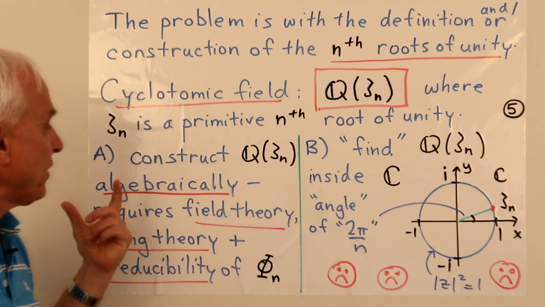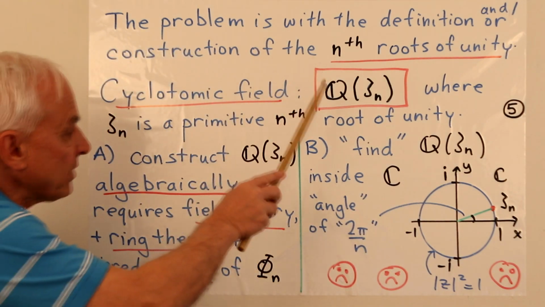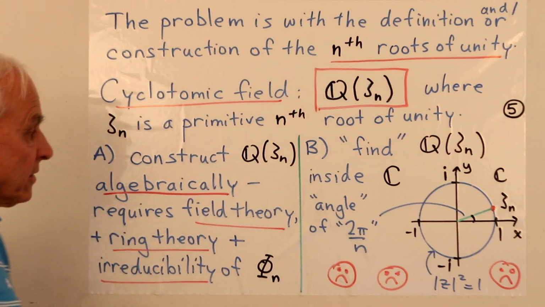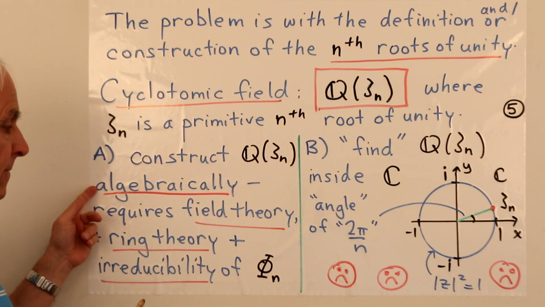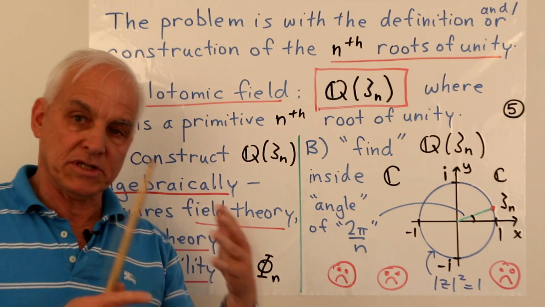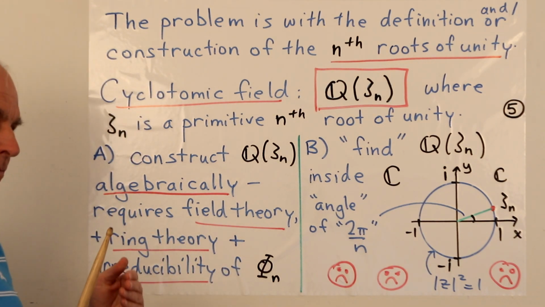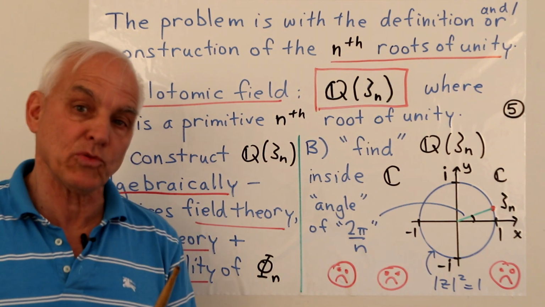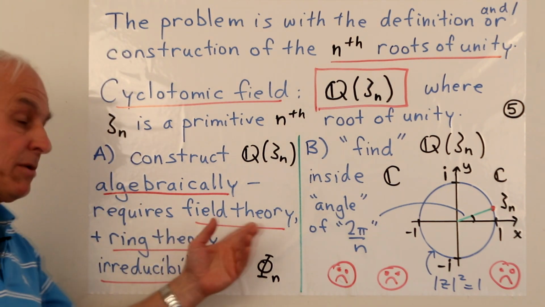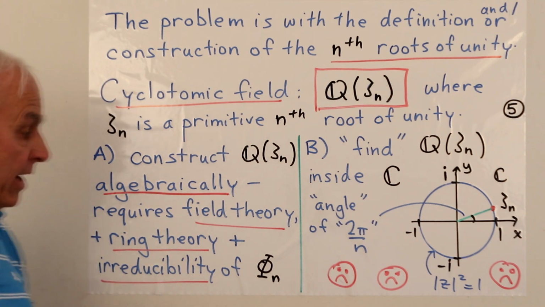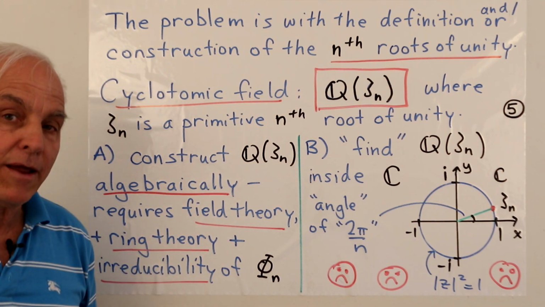Okay. So with the first approach, you can construct the cyclotomic field algebraically. Now, this is a very interesting project, and it does require some development of prior algebra. You need to establish some field theory first, and typically also some ring theory.